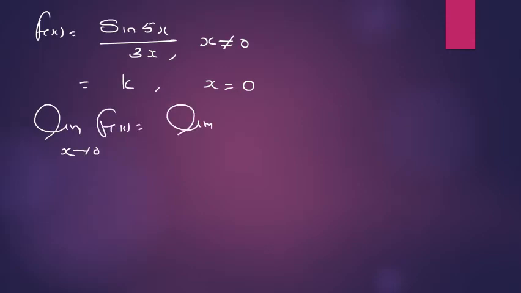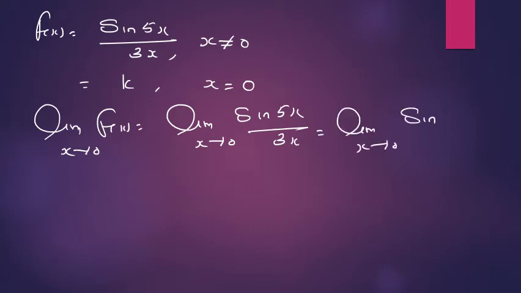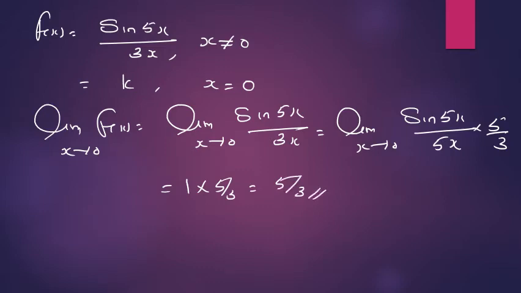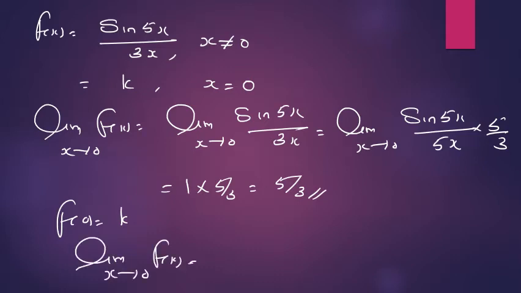What is it? The limit as x tends to 0 of sin 5x by 3x is equal to the limit as x tends to 0 of (sin 5x by 5x) into 5 by 3. So the answer is 1 into 5 by 3. 1 into 5 by 3 is what? 5 by 3. What is f(0)? f(0) is k. So the limit as x tends to 0 of f(x) is equal to f(0). Therefore k is equal to what? 5 by 3.